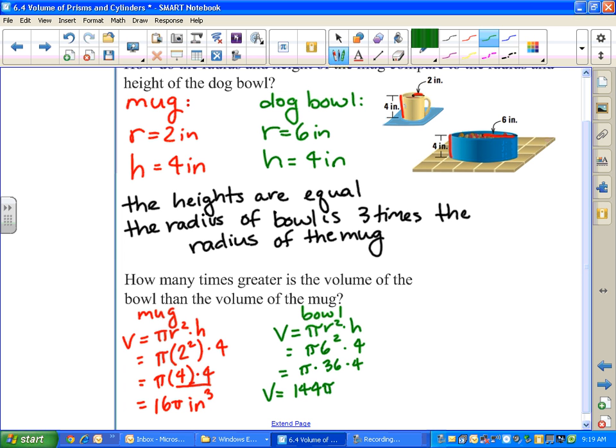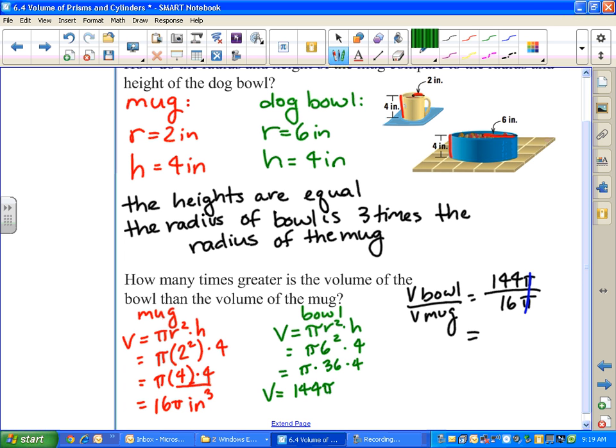So if I want to know how many times greater the volume of the bowl is than the volume of the mug, what I need to do is divide the volume of the bowl by the volume of the mug. So that would be 144 pi divided by 16 pi. Well, pi divided by pi is 1, so that reduces.